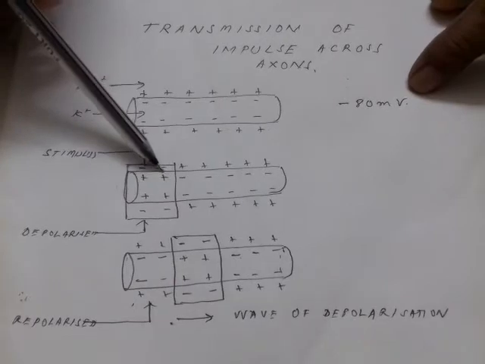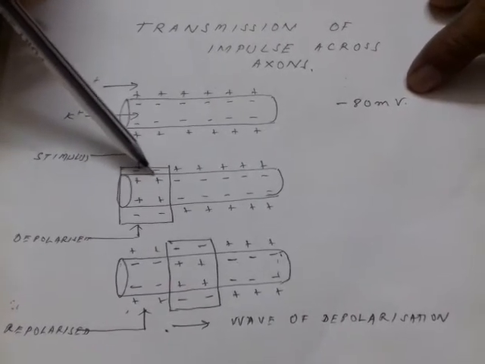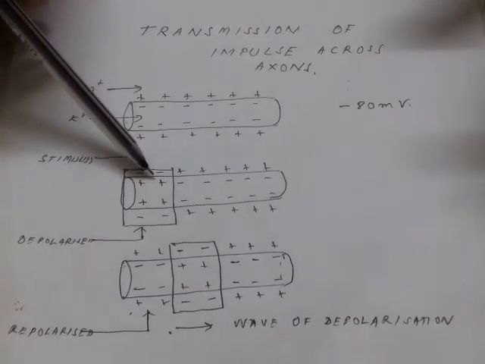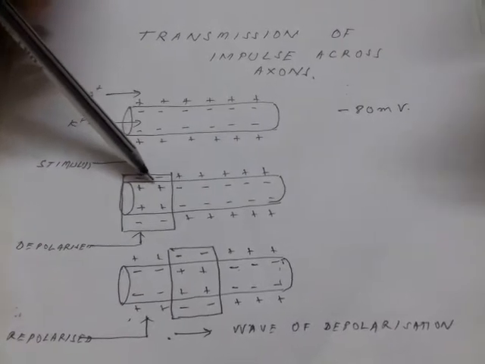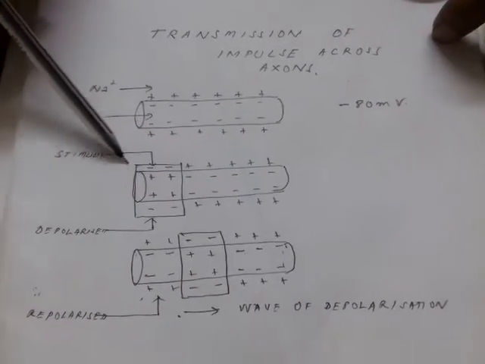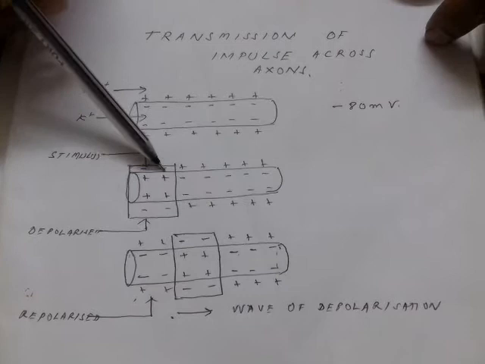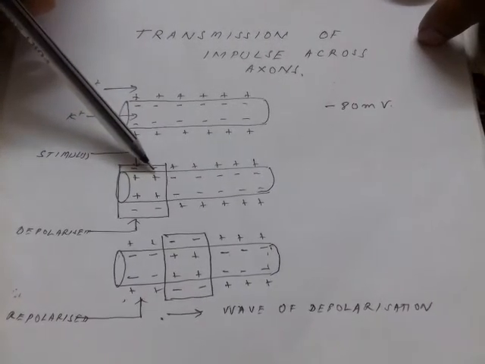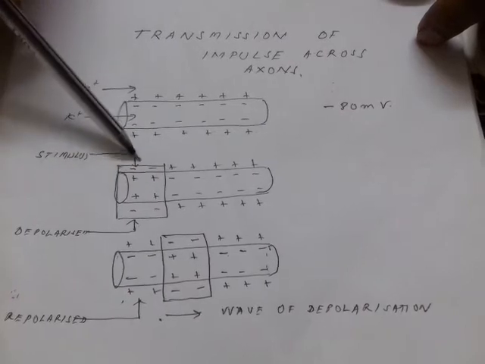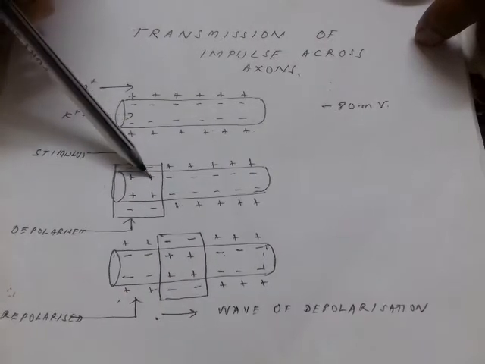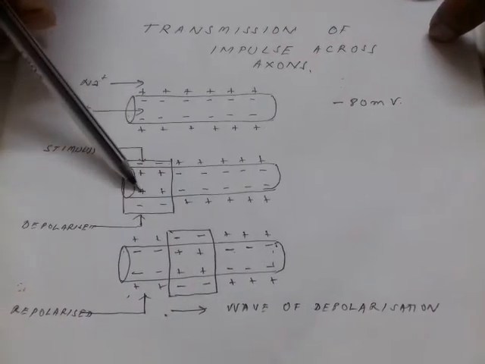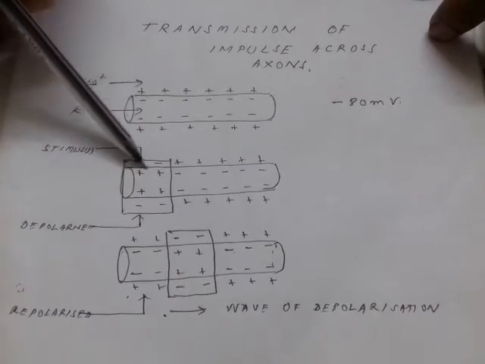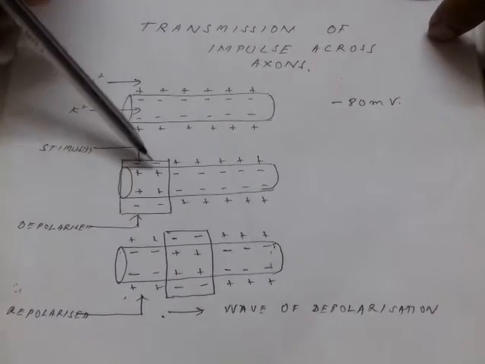There are some electrically operated gates here. The sodium gates open and become permeable, but the potassium gates are not open. As soon as the sodium gates open, the sodium ions move inside very rapidly. So you can see positivity is generated inside and negativity outside.